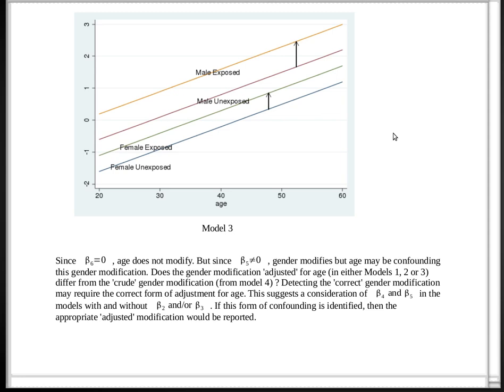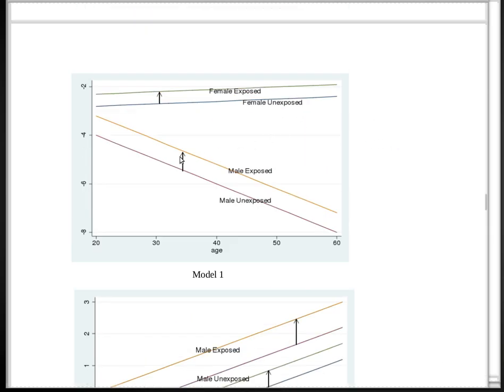Okay. If in fact we've made the decision that, for example, the difference between the two arrows here is different from the difference between the two arrows here, then we would say there is gender modification.